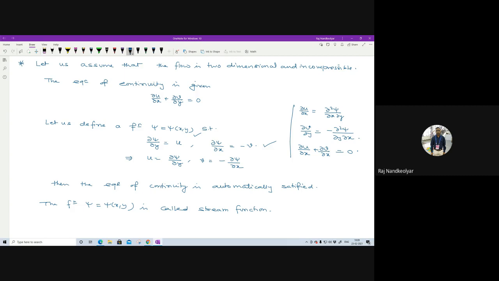Because if you plot psi of x, y equal to constant, for different constant values, you actually get the streamlines of the flow. That is why this function is called a stream function. We will continue this in the next class, and we will discuss the stream function as well as the velocity potential also. I hope today's class was clear to everyone. If you have any doubt, you can discuss with me.